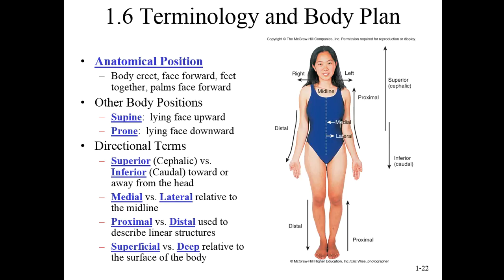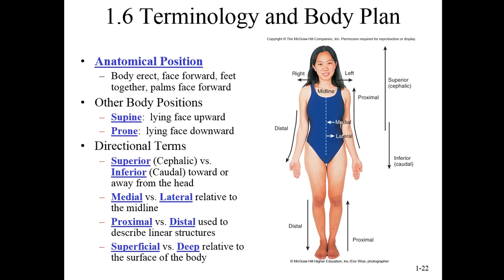Going back to a little bit more detail on some of these directional terms, you can see I'm now on slide number 22, reviewing the anatomical position. You might pause the video right here just to practice using these terms and talking about one body part relative to another one.